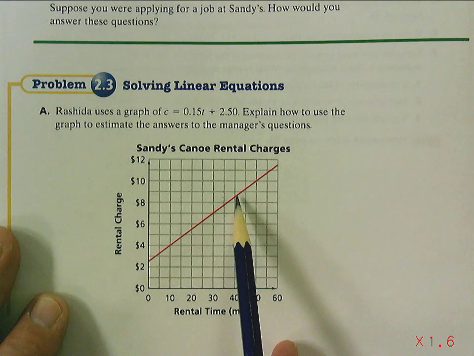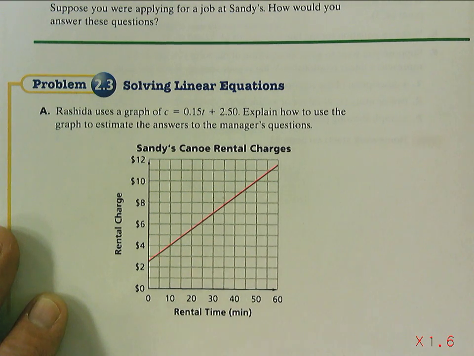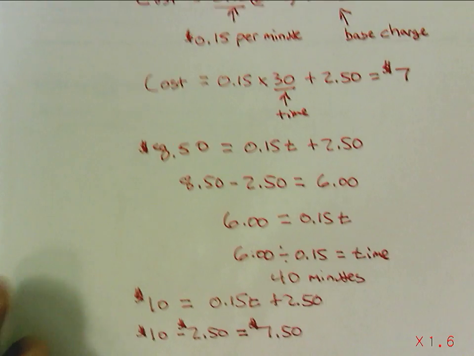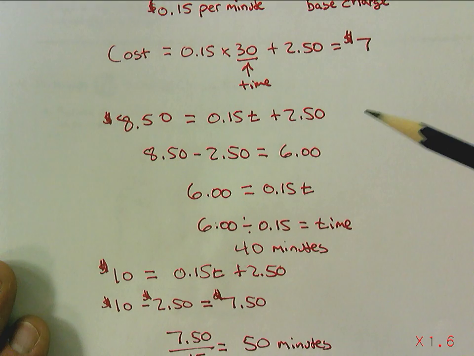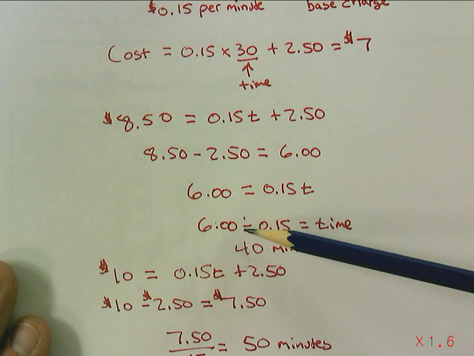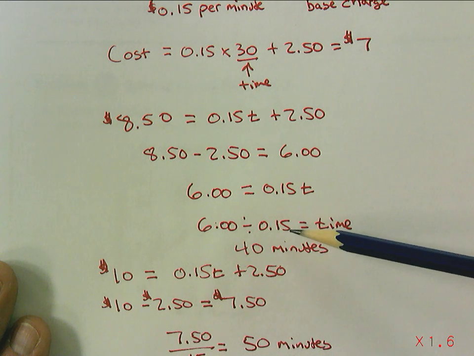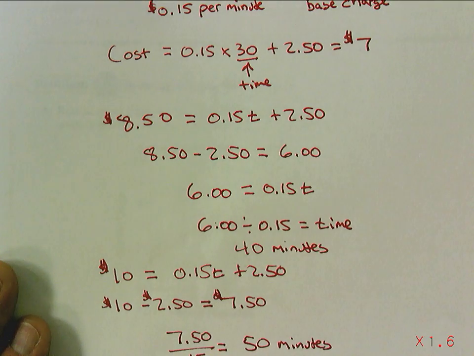If we work our way over right to this point where the graph lines up and then go down to the minutes, you'll see that it's 40 minutes for $8.50, which again is what we had calculated in an earlier example, earlier video. For $8.50, we worked backwards. 6 divided by the 0.15 cents per minute gave us the 40-minute fee.